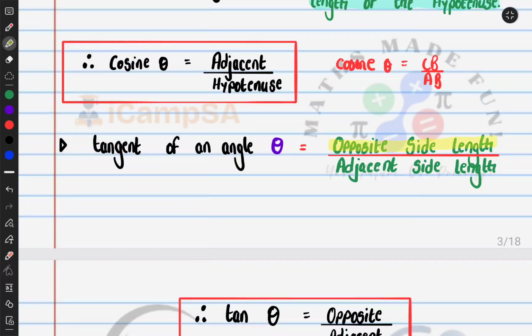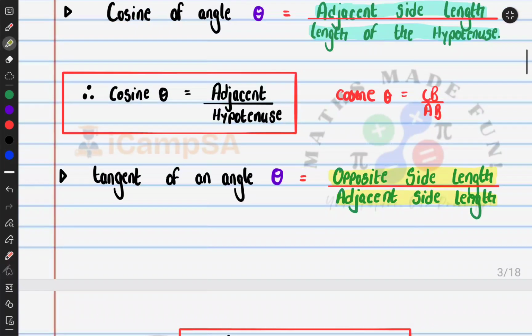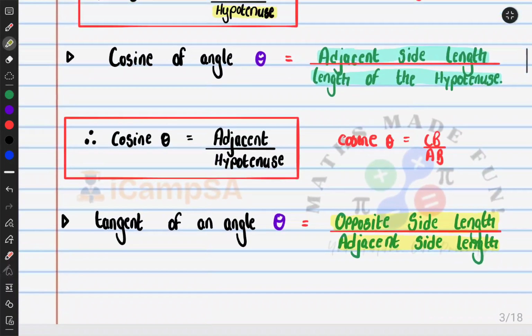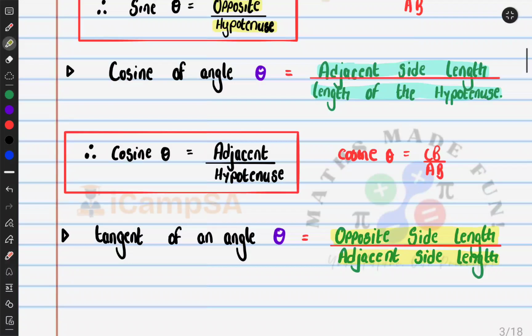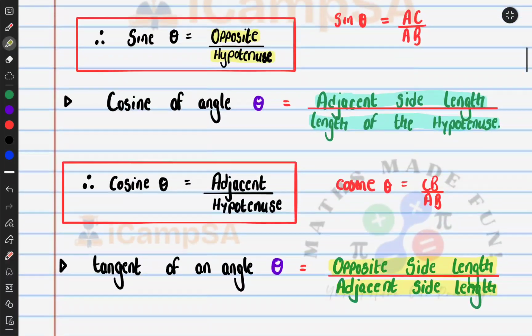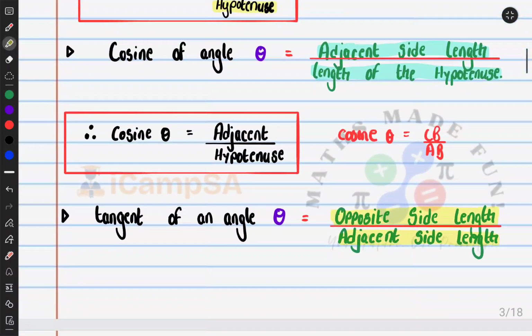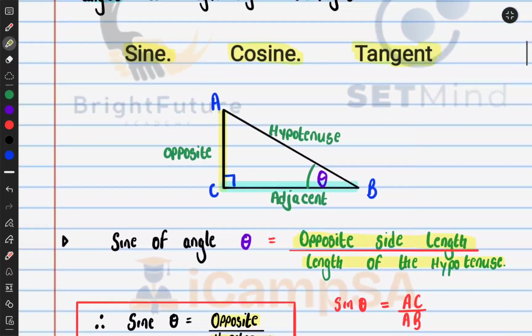As you see here, it's going to be the opposite side length over the adjacent side length. So for the tangent, we do not deal with the hypotenuse, but we only focus on the opposite side and the adjacent side.